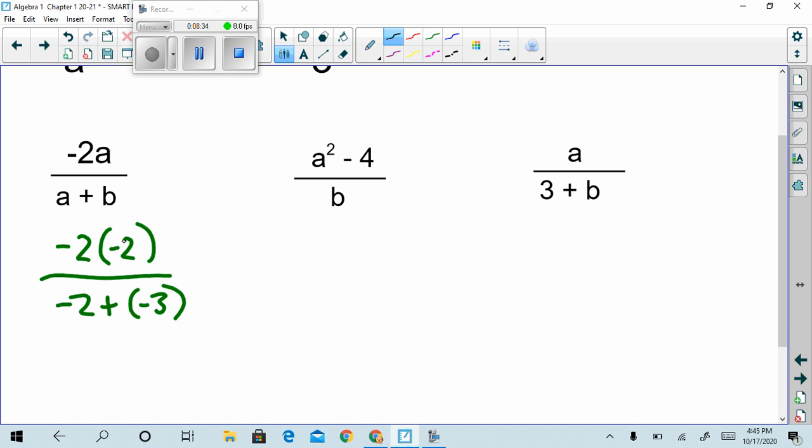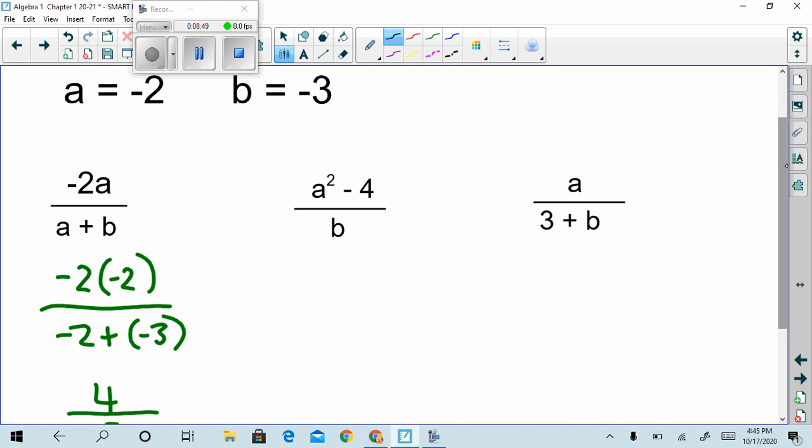Negative times negative will give me a positive. When I'm adding and the signs are the same, I keep the sign and I just add. And there is my final answer. Let's take those same values of a and b, and we're going to take negative 2 and square it, minus 4.